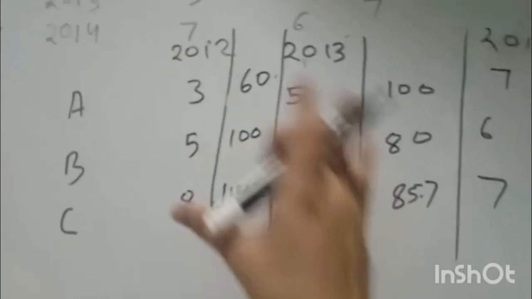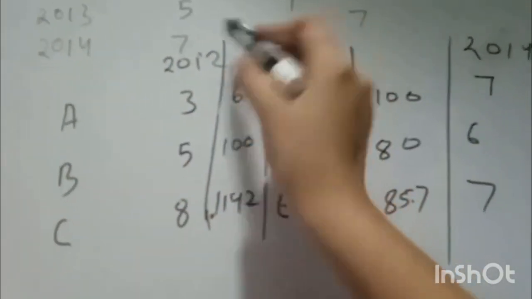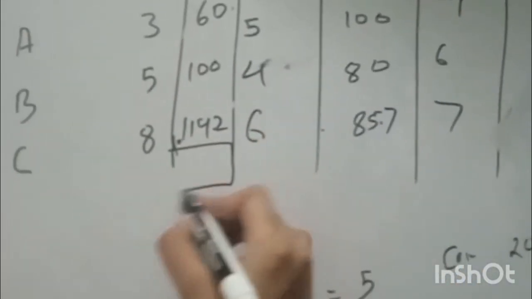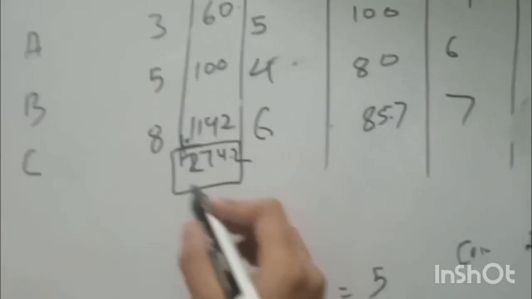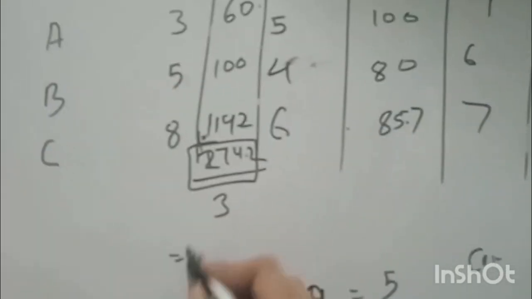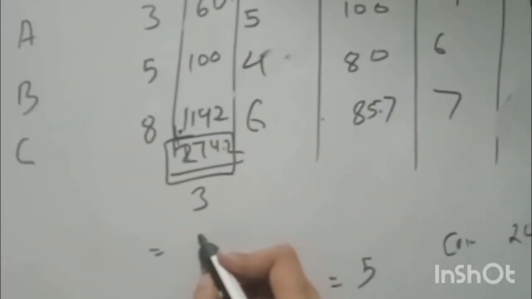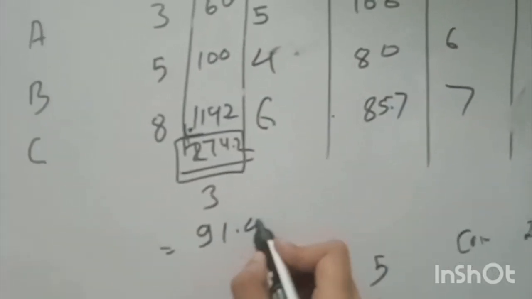So let's take the price relative of the year 2012. Now we have to add all of these. It will be around 274.2, and we'll divide it by 3 because there are 3 numbers, so 91.4.